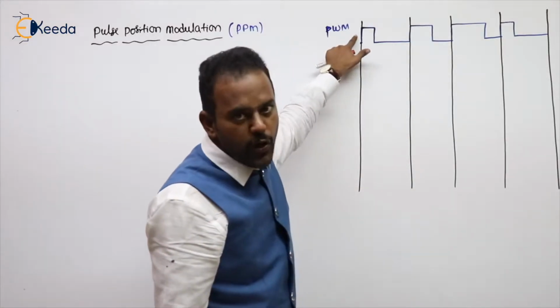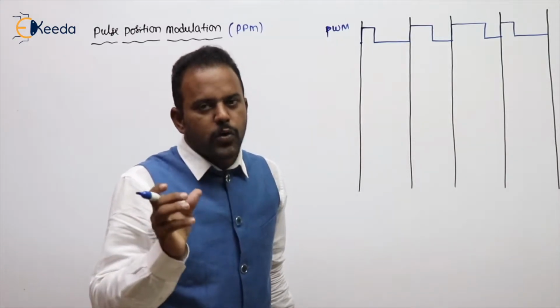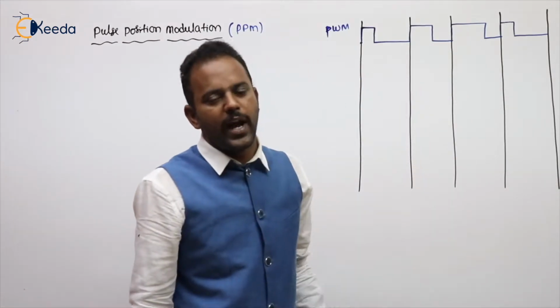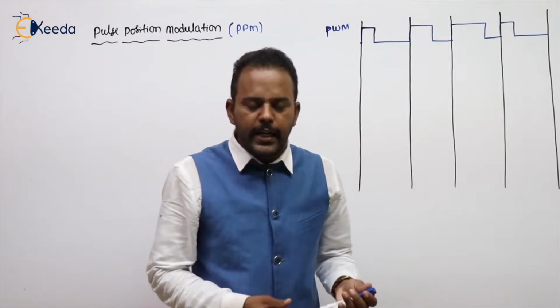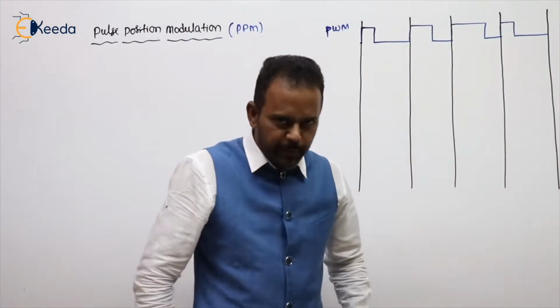Leading edge is known. What is unknown to the receiver? The trailing edge is unknown, because the width is varying. Trailing edge is unknown to the receiver.